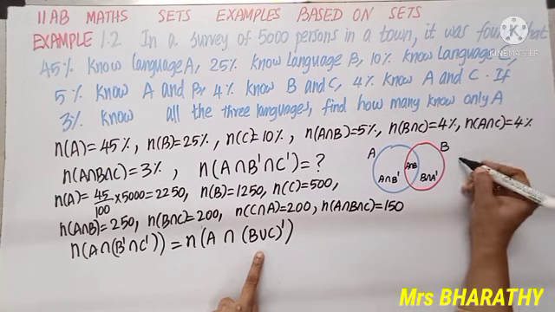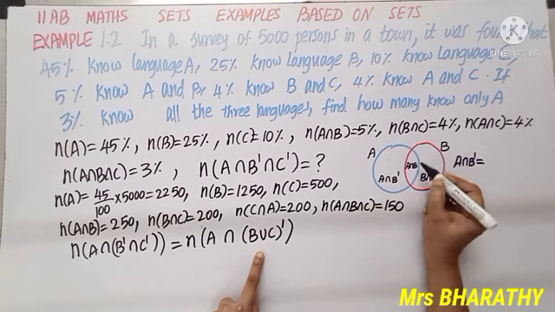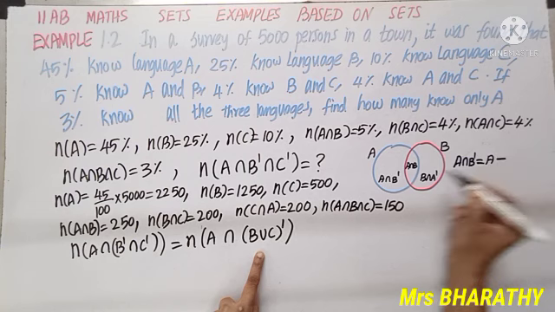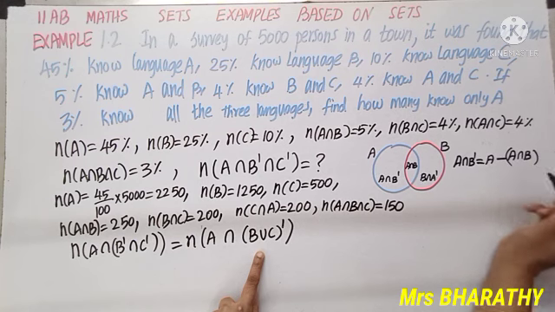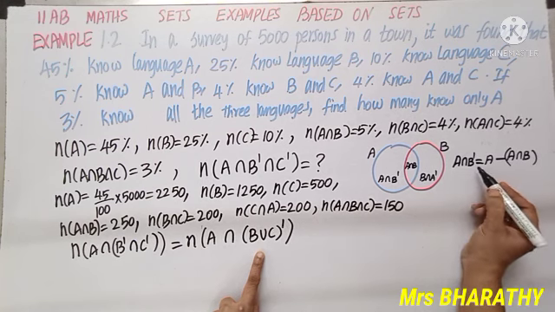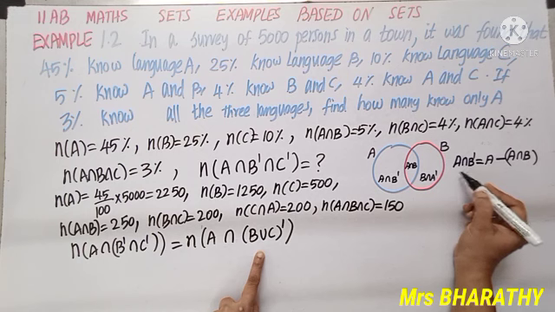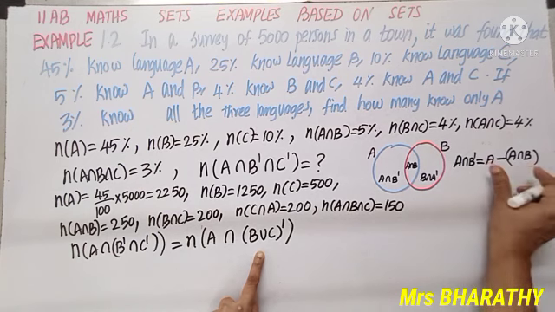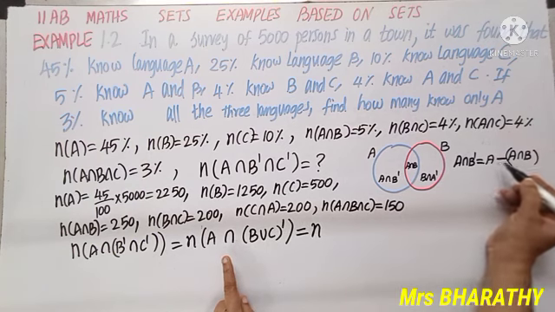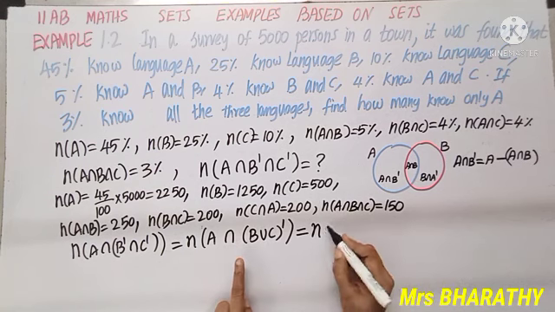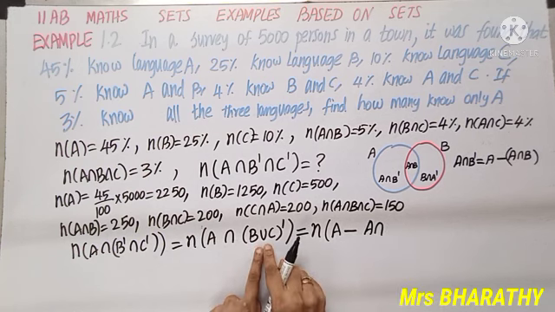Now how to find this A intersection B dash? The whole blue circle, that is A, minus the common portion, that is A intersection B. So whenever I want A intersection B dash, my formula is A minus the common part, that is A intersection B. Applying this formula here, this is N of A minus A intersection, this bracket.